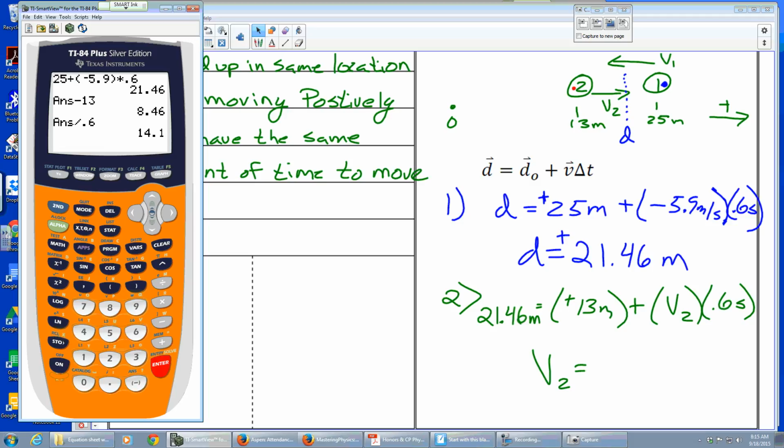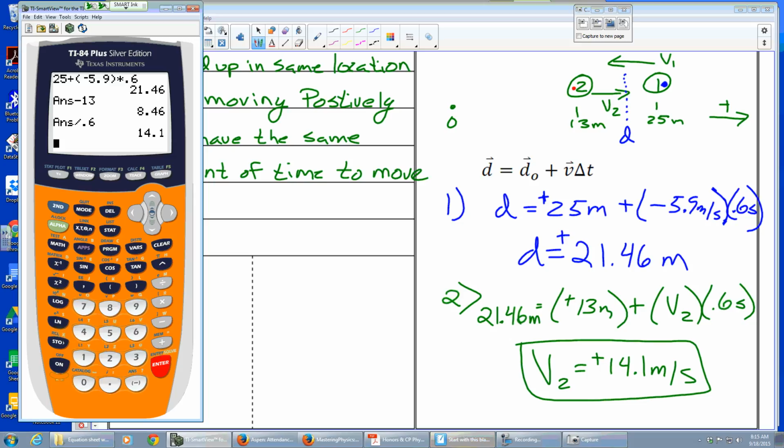And I end up with positive 14.1 meters per second. And I should check both these answers to make sure I got them correct. Let's see if I did.